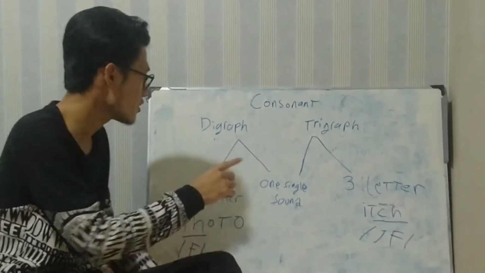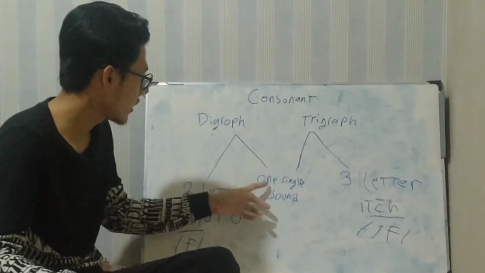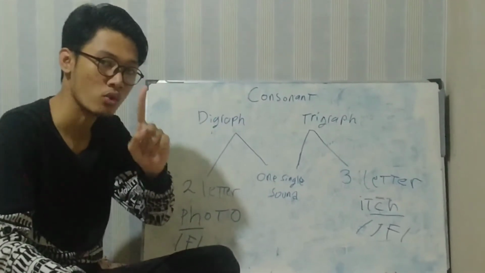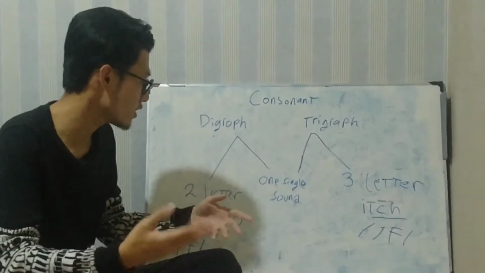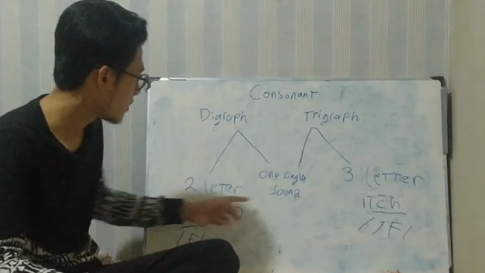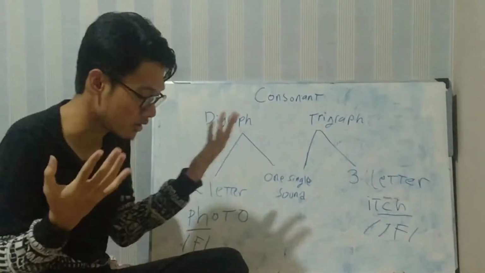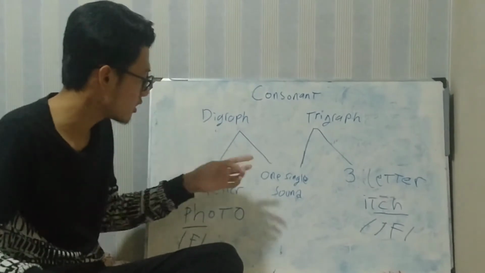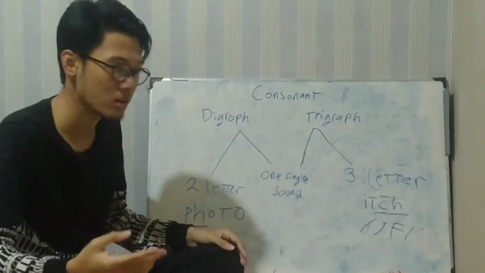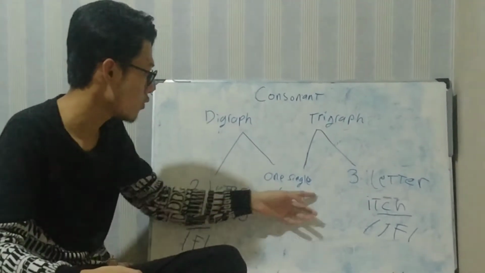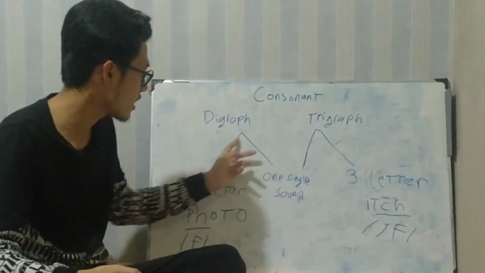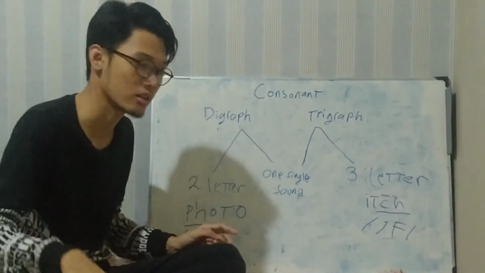As you can see, it's all connected to one single word, but the difference is this is two letters and this is three letters. So what does it mean? Basically it represents one single sound, and it's represented by two different letters.